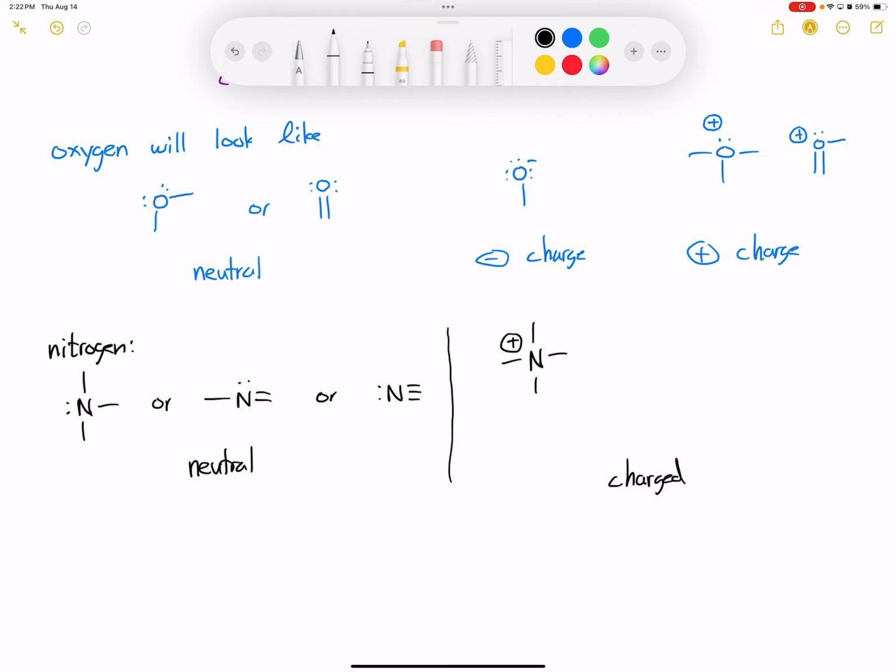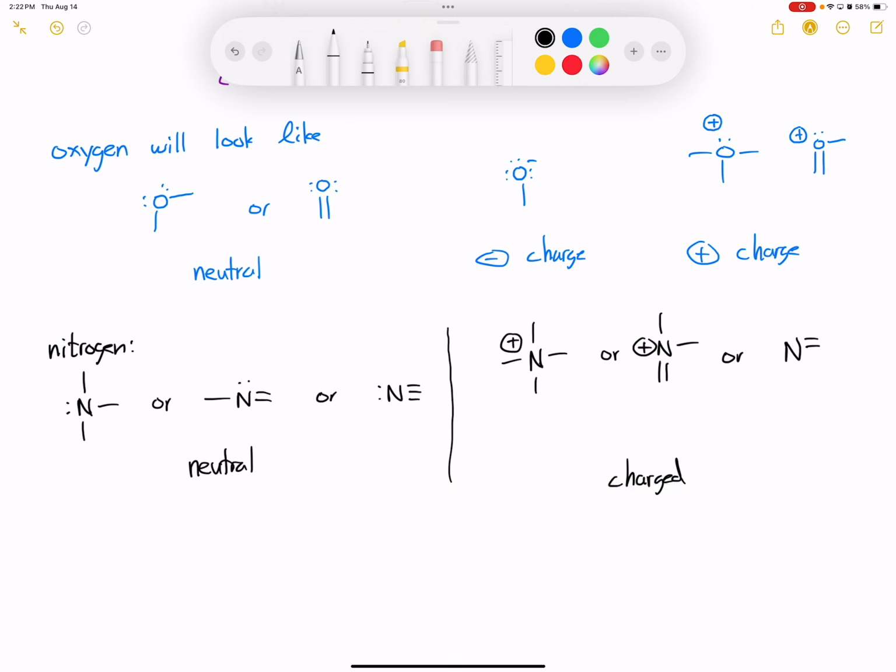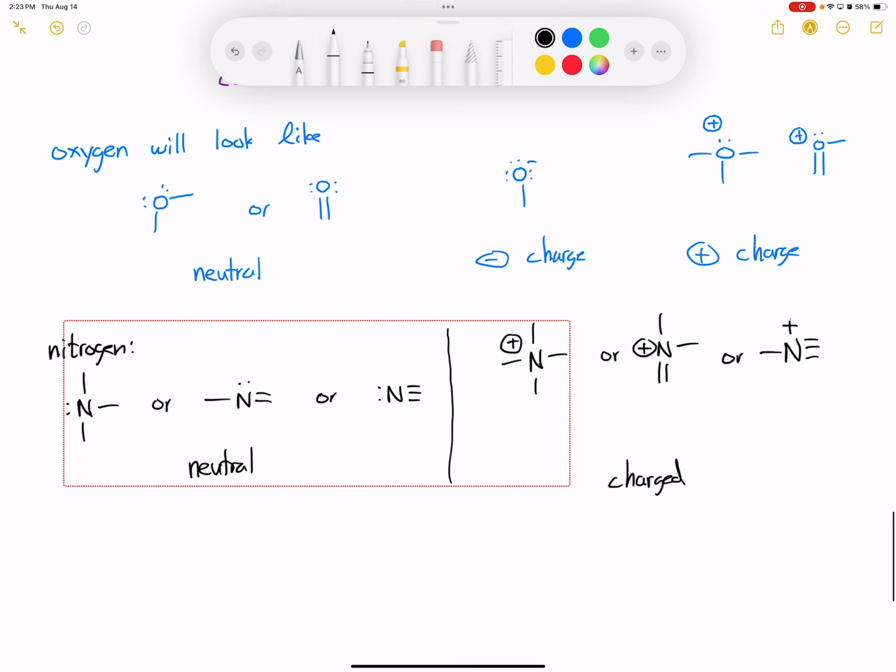Positive charge for nitrogen. So it looks like an ammonium type compound with 4 bonds. Or nitrogen with a double bond and 2 single bonds, still positively charged. Or nitrogen with a triple bond or 4 bonds around it, positively charged still.